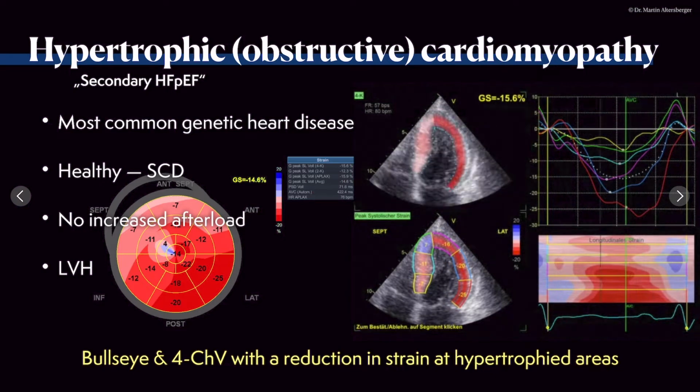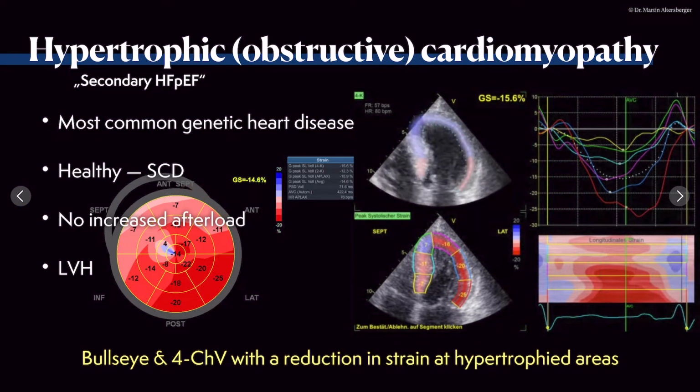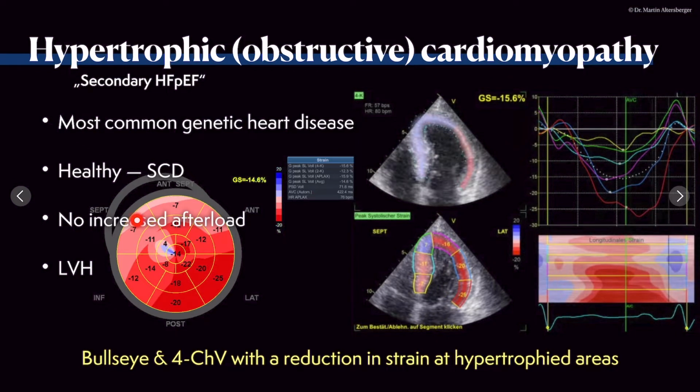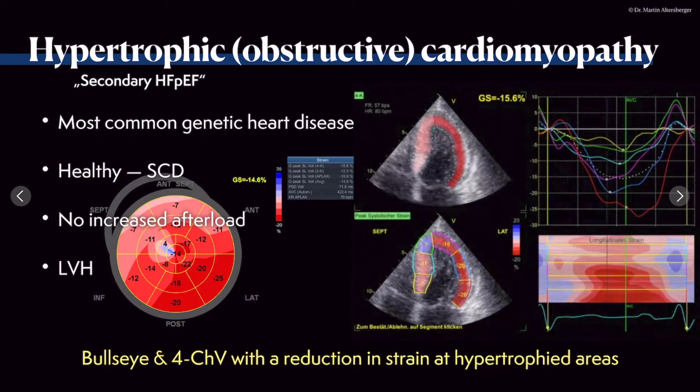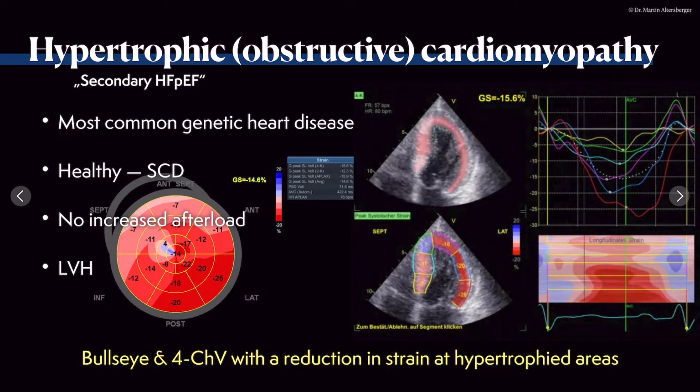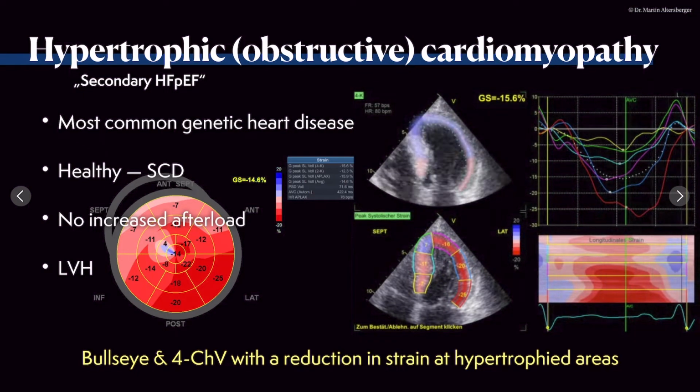And here in this strain imaging, in this bullseye display, you see the inferolateral and inferior and lateral regions are contracting quite nicely. When we look at the septal regions, the strain is reduced. So in hypertrophic cardiomyopathy or in hypertrophy, the region where the left ventricle is hypertrophied the most will normally have the most severe reduction in strain imaging.